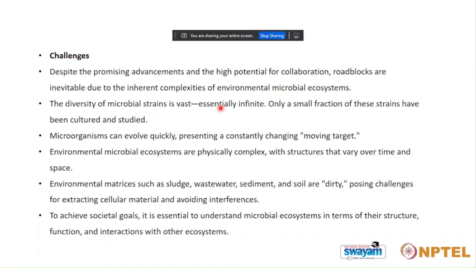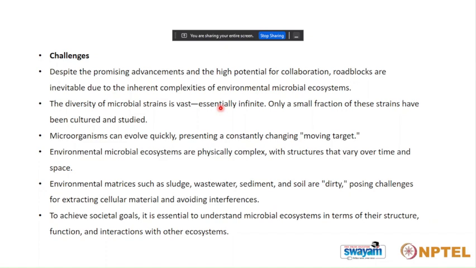The next thing is that only a few strains can be cultivated. Like there are almost 5 lakh strains. Out of that, only a few microbial strains can be cultivated in laboratory settings. That is a major problem. One more thing is that microorganisms can evolve quickly.